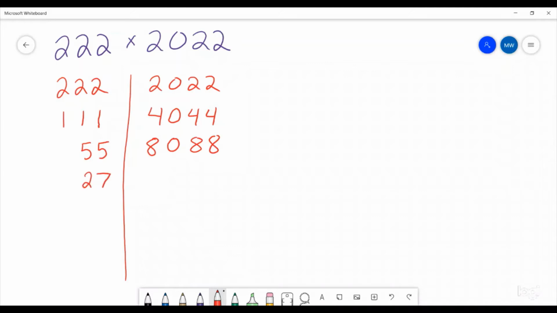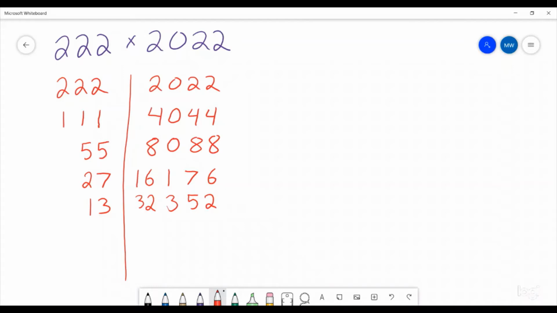Again, we're going to drop the half. Now 8,088 times 2, that's a little trickier, but that's going to be 16,176. 27 divided by 2, that gives us 13. Other side multiplied by 2, that's 32,352, I believe.